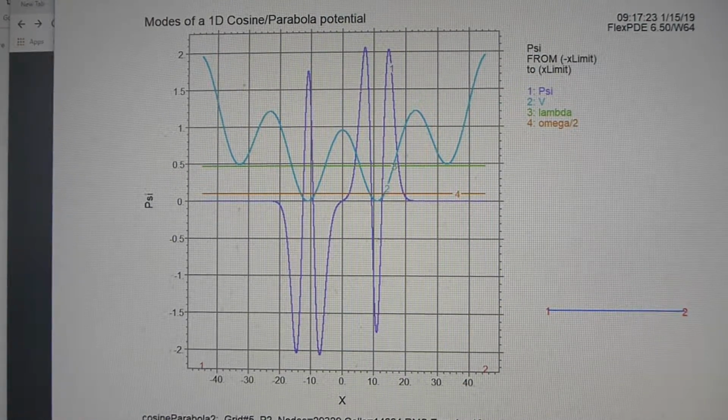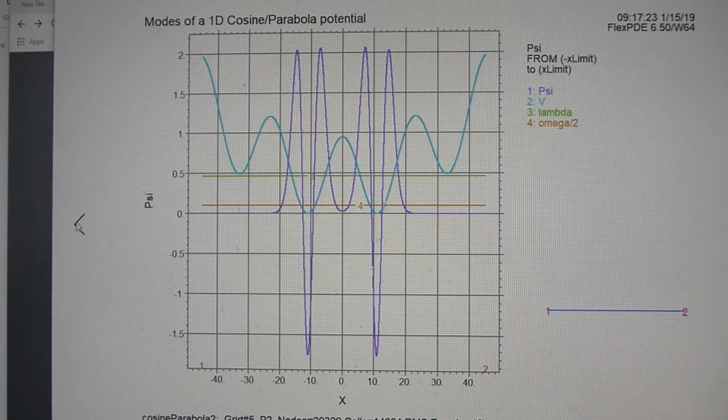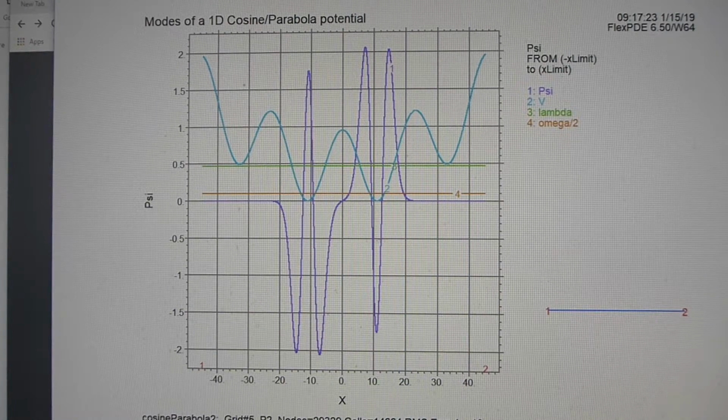And here is another one, and this happens to be even with respect to the center. While this one was also even, this one here is just the negative of this one.